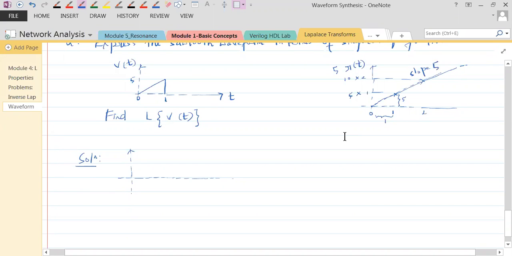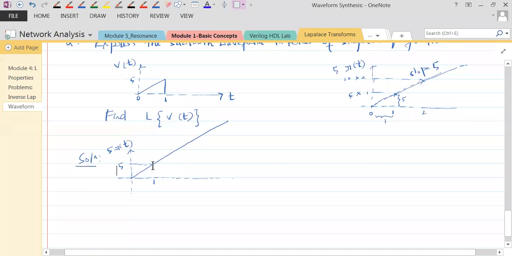So you consider a ramp of slope 5. Let's call this 5r of t. At 1, it will have an amplitude 5. Now this particular function continues beyond 1.